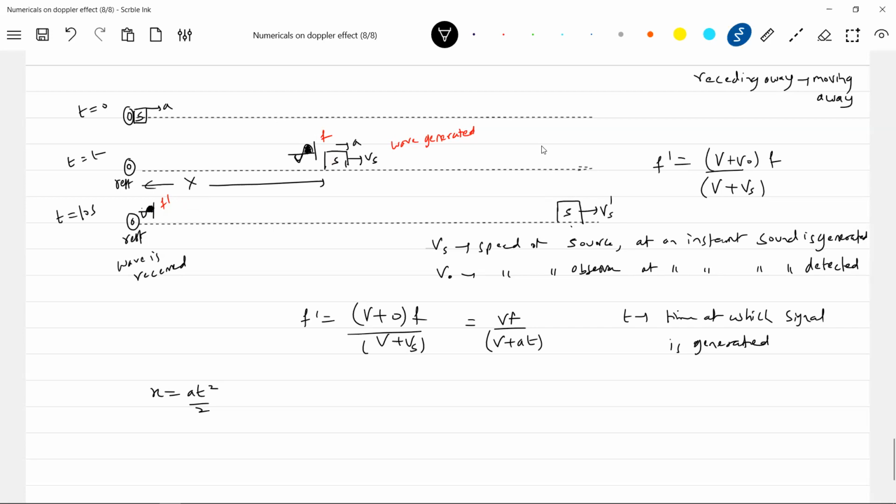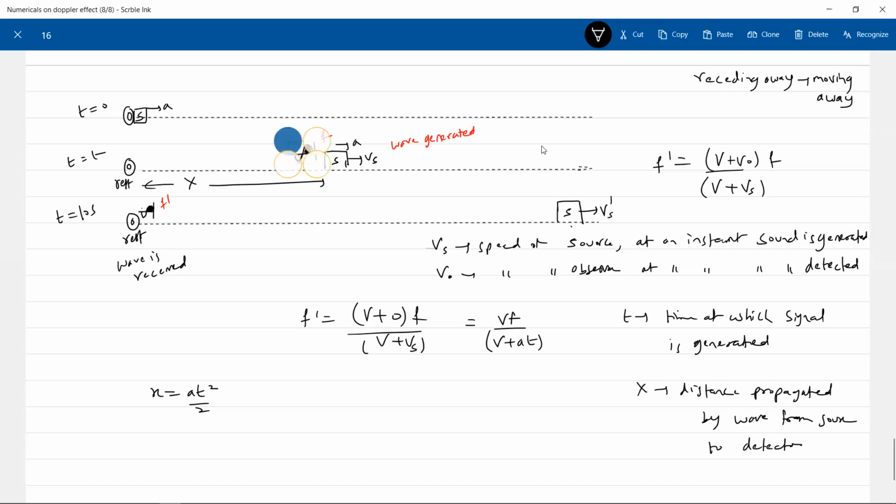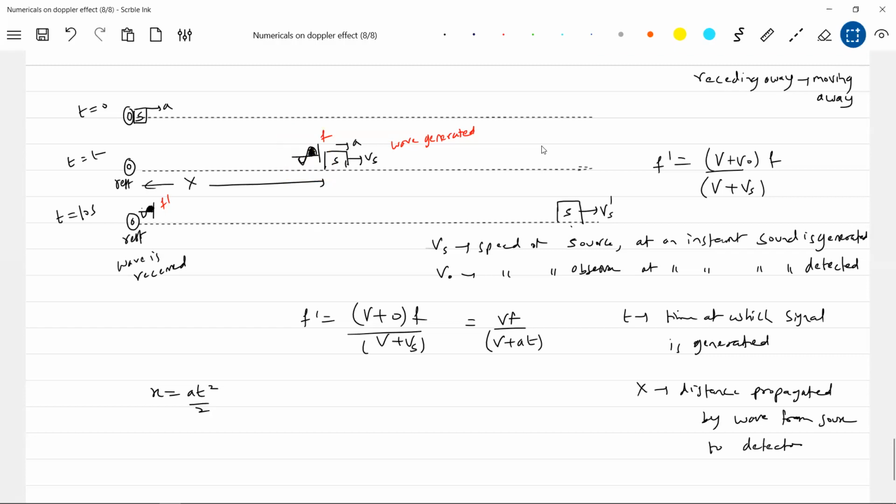So x is the distance propagated by the wave from source to detector. You have everything in the diagram. The wave should propagate and will cover a distance x.